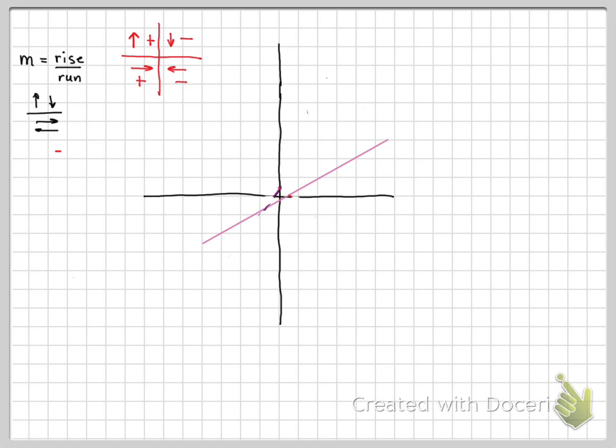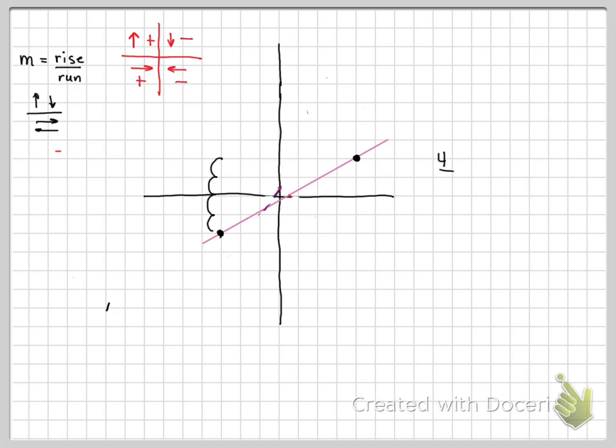Okay, so we'll pick 2 points on that line. It looks like this one right here and this one right here. So we'll start at the point on the left and work our way to the point on the right. So we will go up 1, 2, 3, 4.